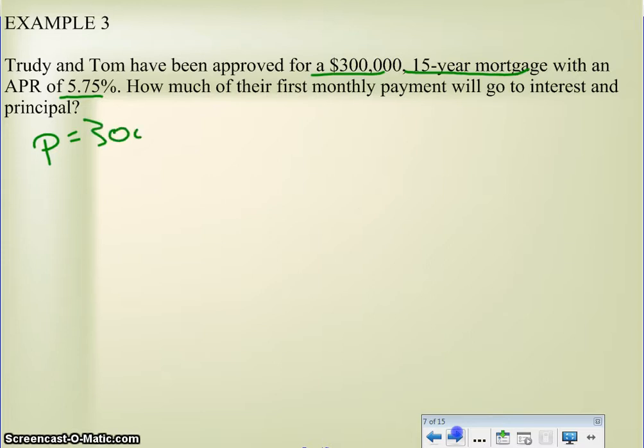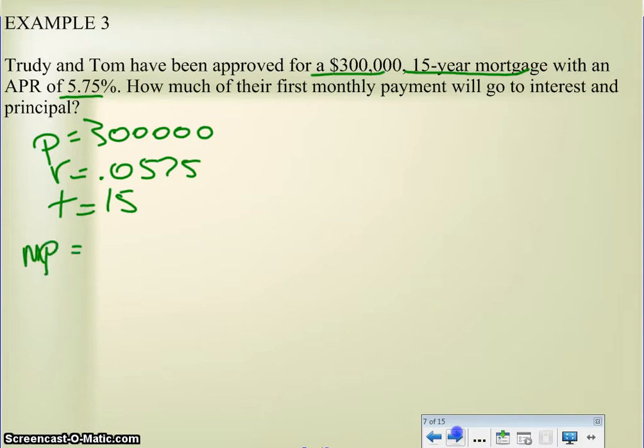So the first thing that we need to do is get the monthly payment. We know it's $300,000 at 0.0575, and we're looking at a mortgage of 15 years. So the monthly payment, which I'll identify here as MP, is going to be $2,491.23 when I plug that into the calculator.